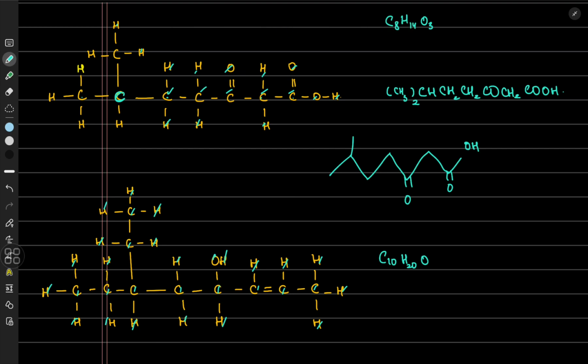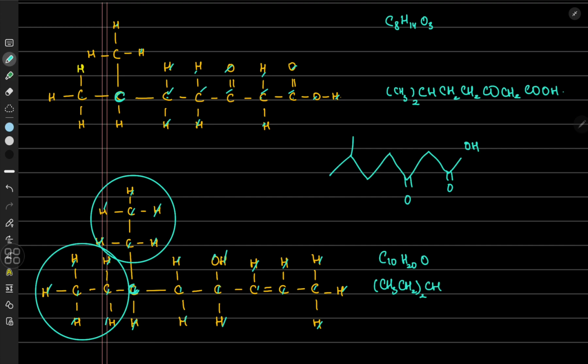Now let's see how you'll write the structural formula. If you notice, with this carbon right here, there is a CH3CH2 group attached here and a CH3CH2 group attached here. So can I write it like 2 CH3CH2 groups attached to a CH, which is attached to a CH2 group here, which is attached to a CH, but the CH is bonded with an OH, right?